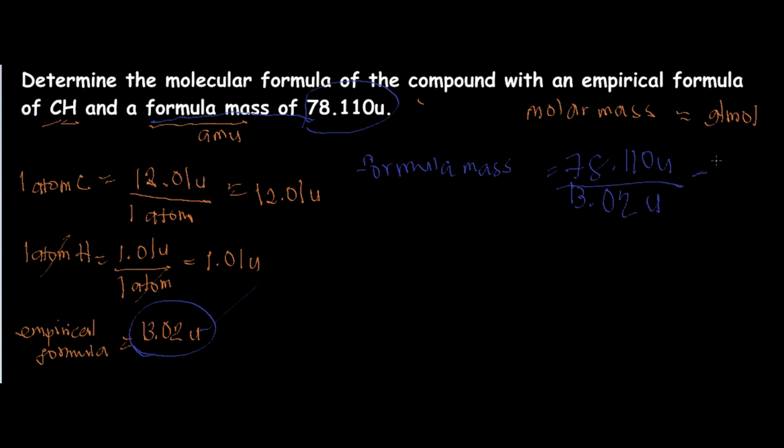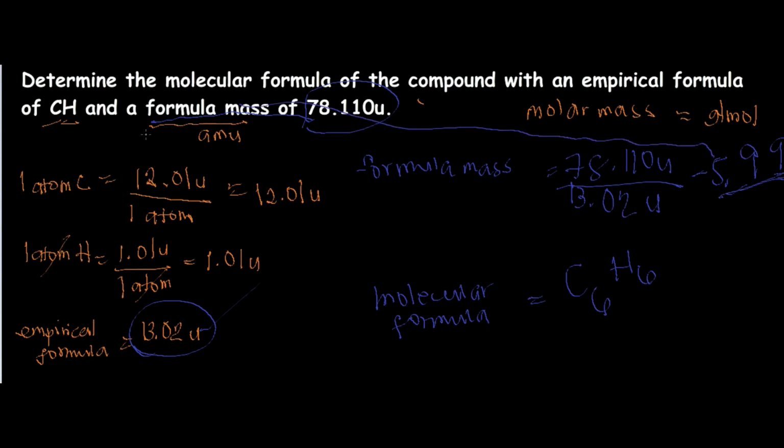This will give us 5.999. So the molecular formula is C6H6. Why? You have to multiply this to your empirical formula CH. So CH times 6, boom, boom. You will get this.